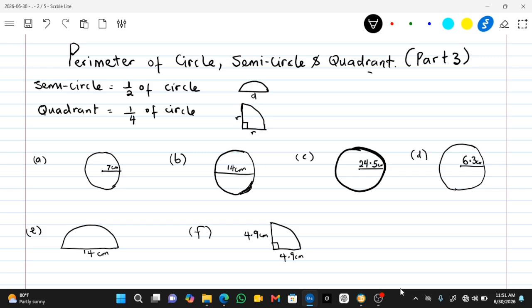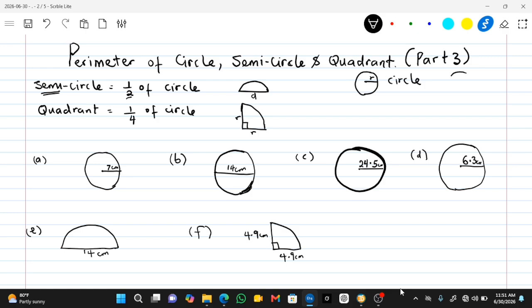So normally the circle is like this. That's a circle. The semicircle, from the word semi, is 1/2 of a circle with this shape. The diameter remains the same. And mind you, in a circle, this is a radius.